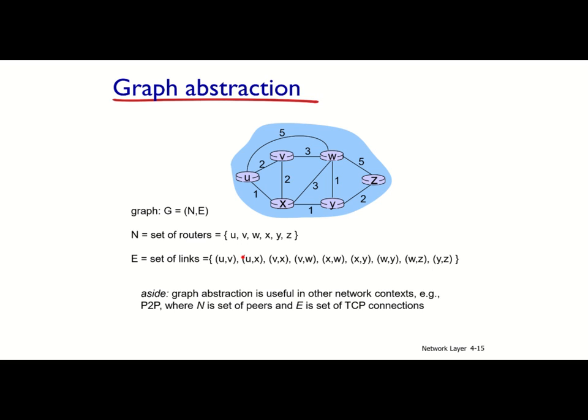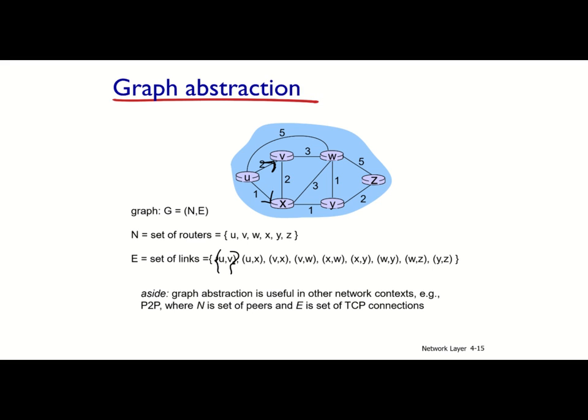However, the way you see set E looks, we have ordered pairs. When we have an ordered pair of U and V, it means that we have a directed edge, so we have a direction from U to V, or for example, a direction from U to X, right? If we want to have an undirected graph, instead of these ordered pairs, we have to have sets.